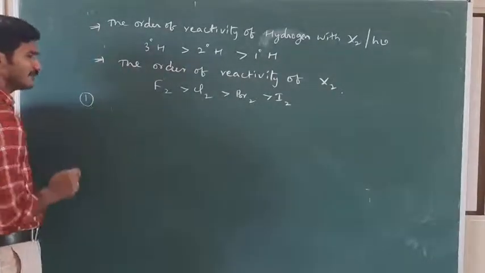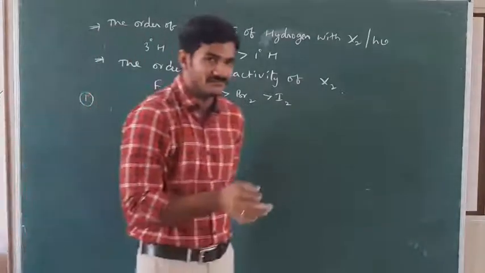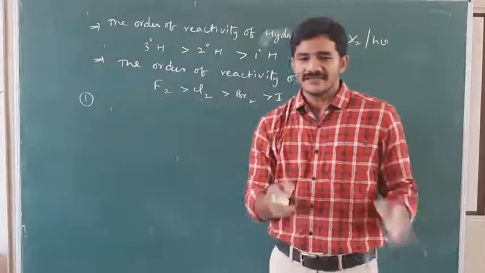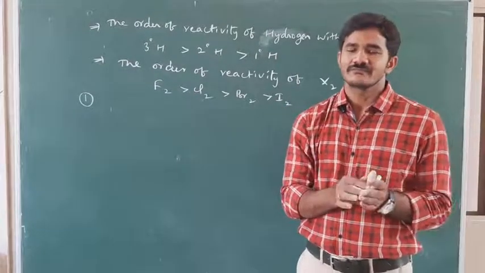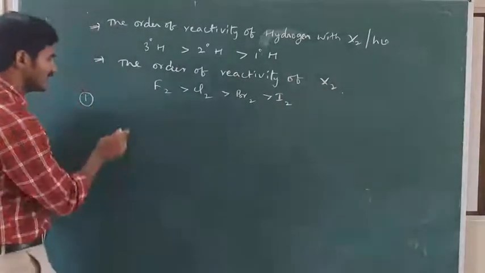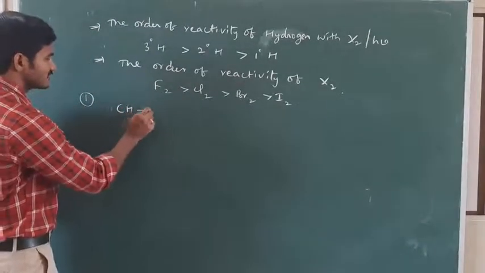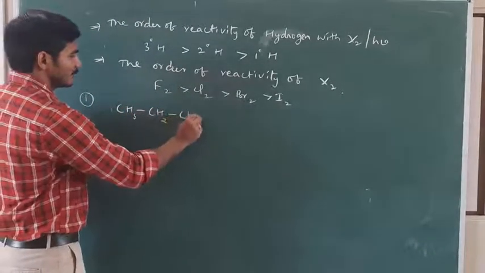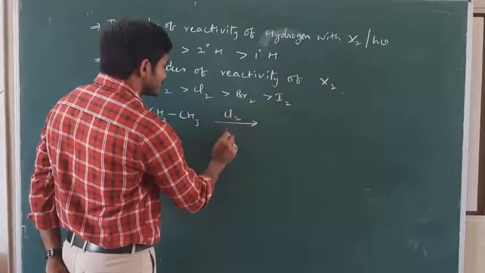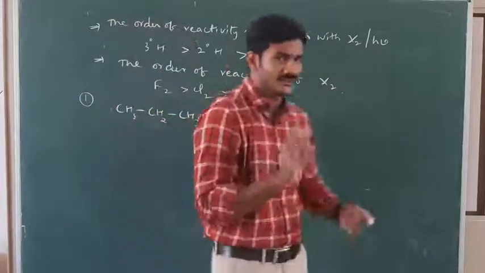I will tell you 2 important reactions in the free radical halogenation of alkanes. Number 1: if I take an alkane which has 3 or more than 3 carbons, I will take CH3CH2CH3, which reacts with chlorine in the presence of light. 2 points you have to understand.